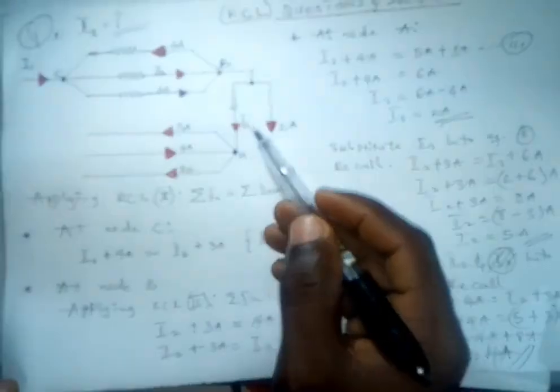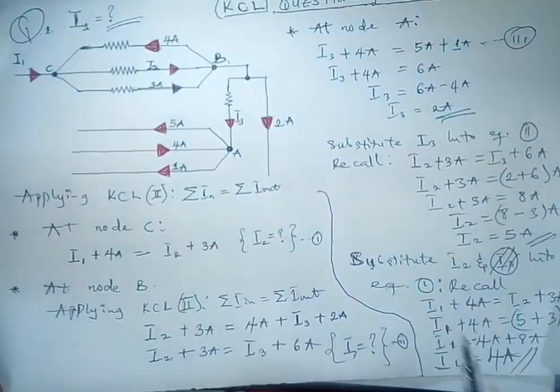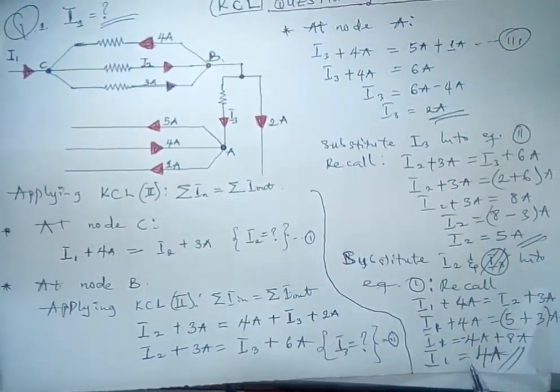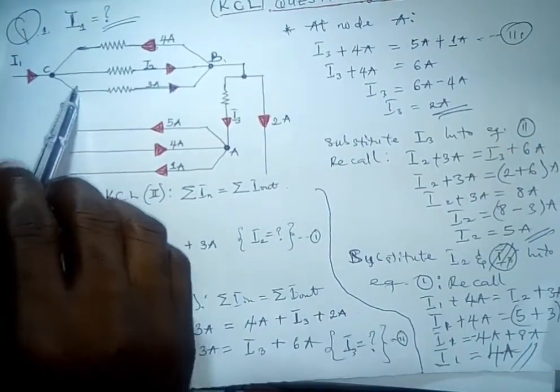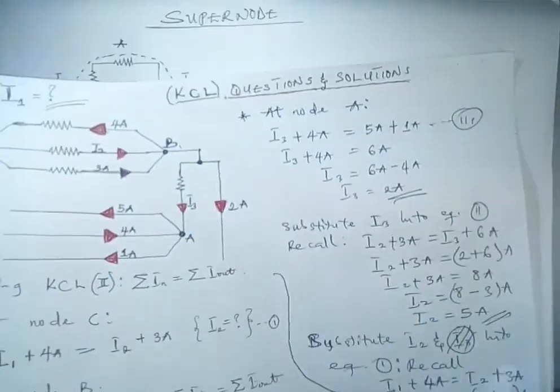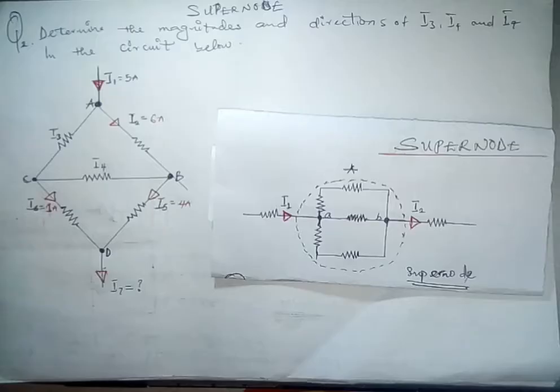If we add 2 ampere, the value of I3, to this one, it gives 4, which is equivalent to the I1 that enters the circuit from the beginning. So that is the verification of it, but of course we are still going to cover it under the supernode as well, for better understanding. That is the application of KCL in this case.